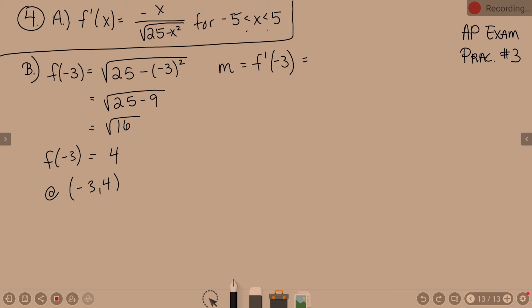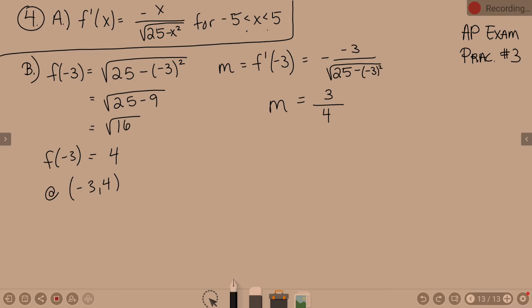So I'm going to do the negative of -3 over the square root of 25 minus -3 squared. Negative of -3 is +3 over 25 minus 9 is 16. The square root of 16 is 4, if you will. Mainly because I just did that math on the point, didn't I? So our slope is 3/4.